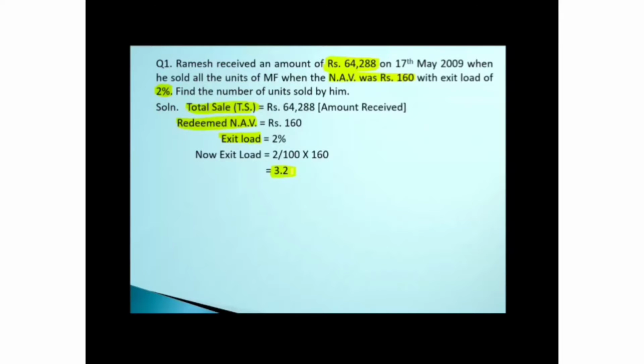Alright. Once the exit load is calculated, now we will be using the formulas that I had given to you before this. The first component that we're going to calculate will be the selling price per unit, SP. That is given by redeemed NAV minus exit load. Apply this formula and try to get the answer for your SP for the given problem.